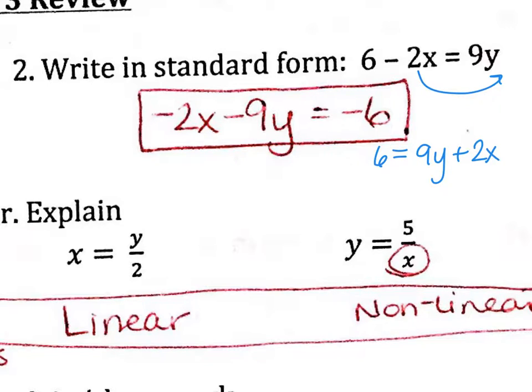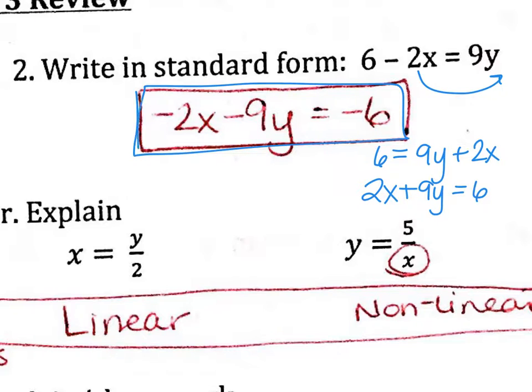And then since we just want the x part to be first and then the y and then the number on the other side, you could just rearrange that to write 2x plus 9y equals 6. The answer I have up here is equivalent to that. Notice that it just has all negative signs, but you could easily change all of those to positive since you're changing every single sign. Either of those answers I would count correct.